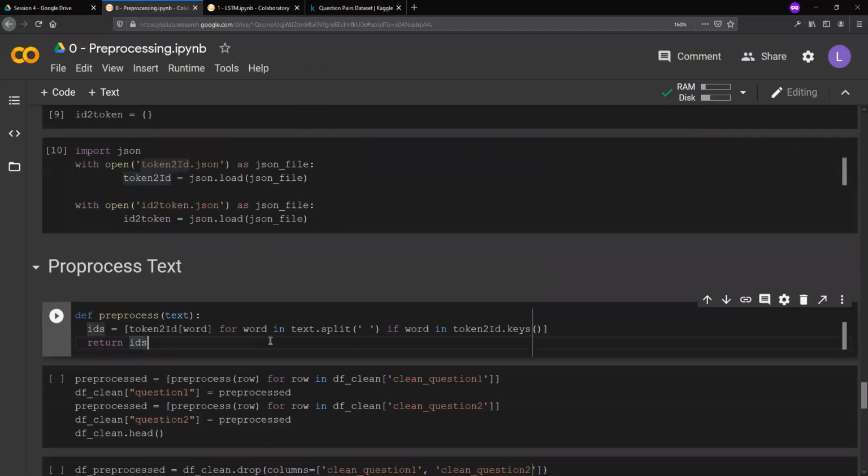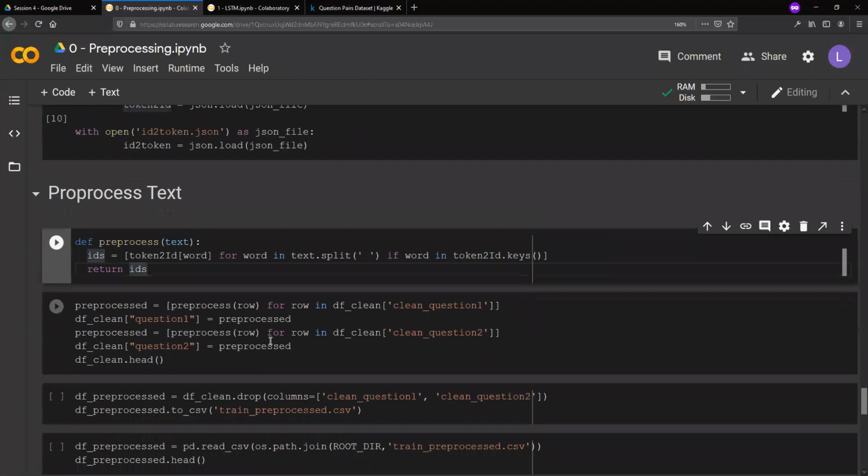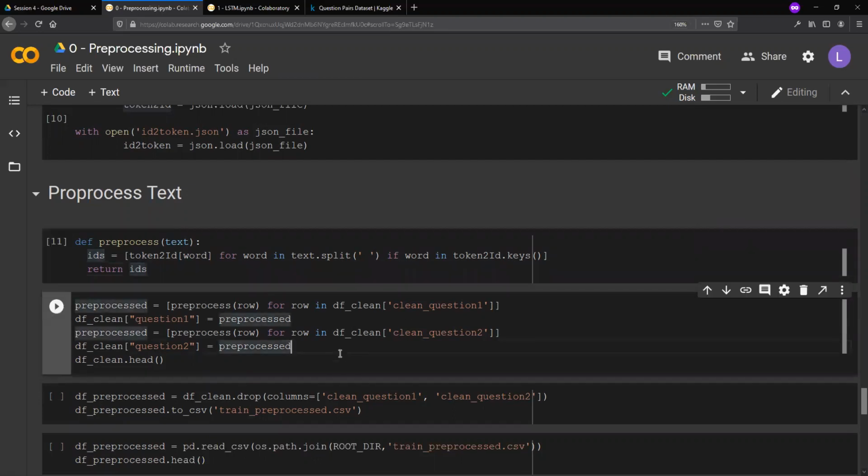Now for the pre-processing stage, just to make it a little bit easier for ourselves, I'm going to convert all our words into their associated IDs. So that's what this pre-process function is defining. We're just looking at each word and converting it to the ID. This is the line of code that actually performs that.